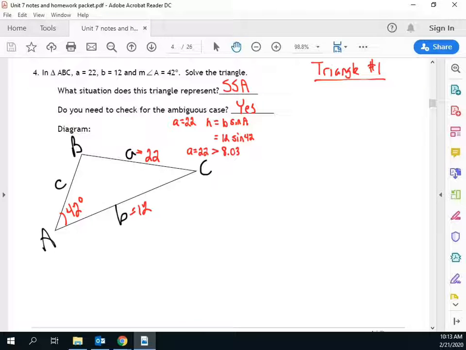Angle B. So sine of 42 over 22 is equal to the sine of B over 12. Cross multiply. Divide.